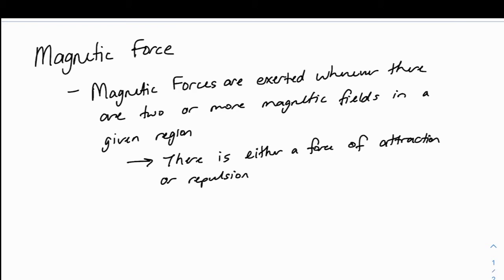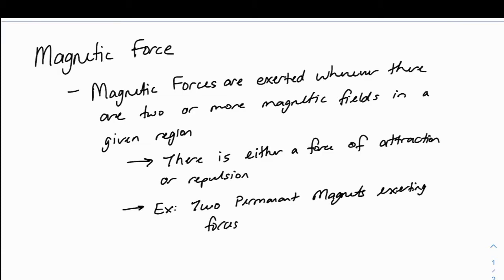And some examples of this would be two permanent magnets attracting and repelling each other. So exerting forces. This is the classic that you really interact with in your daily life when you've got two magnets interacting.